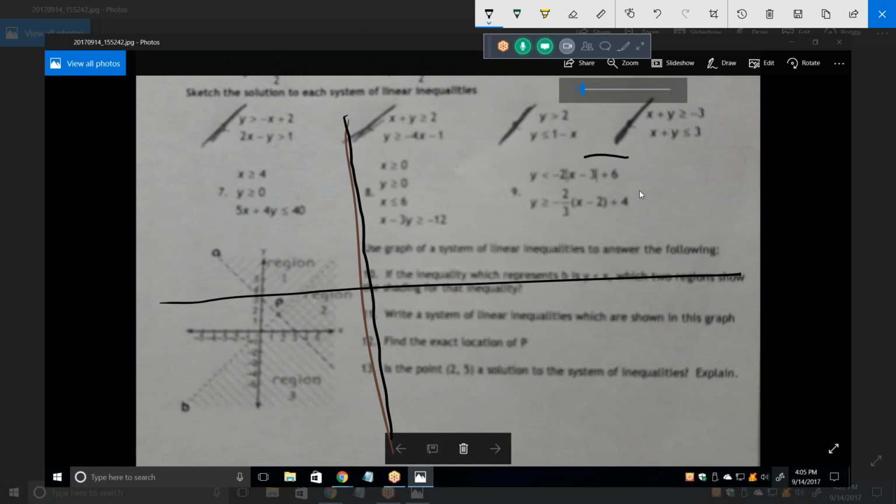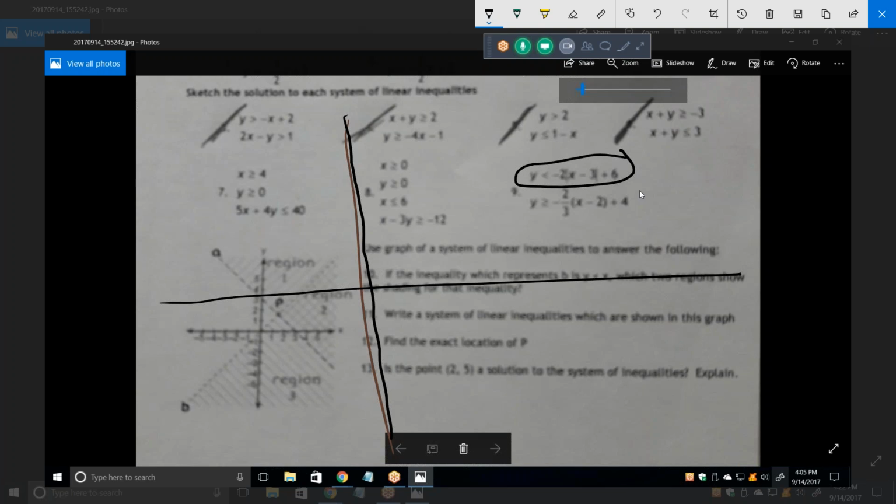First one. How do I graph that? It's going to be a dotted line because of the no equal sign. Okay, good. And then what does the absolute value function look like?